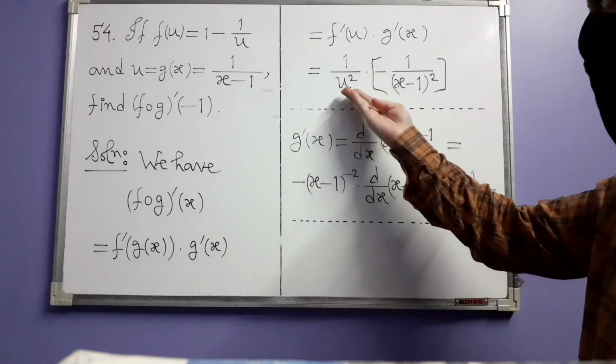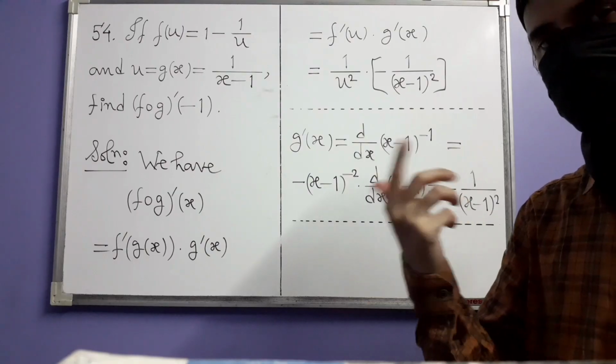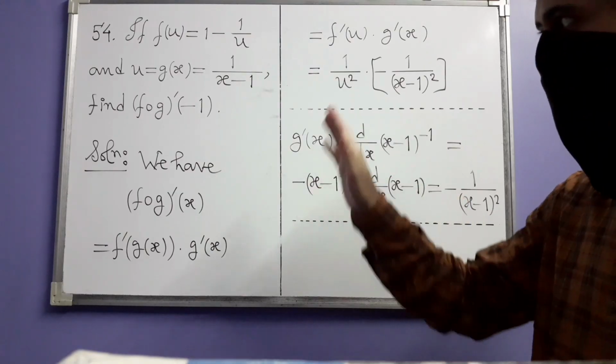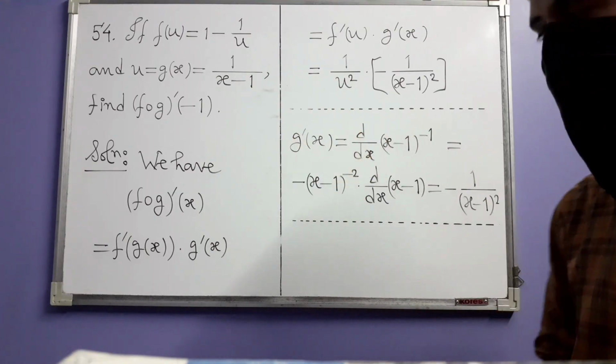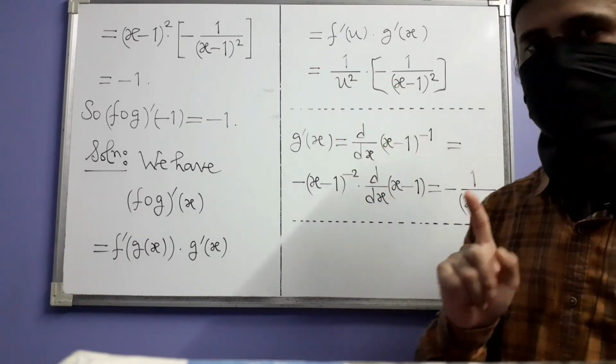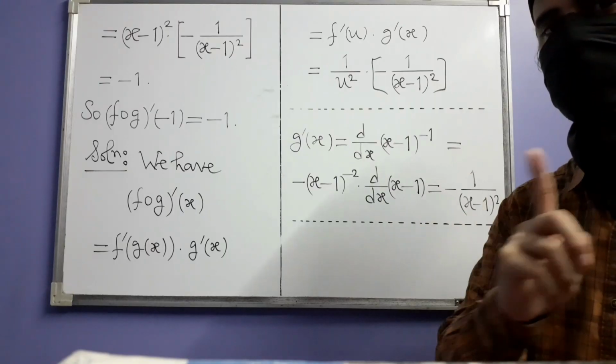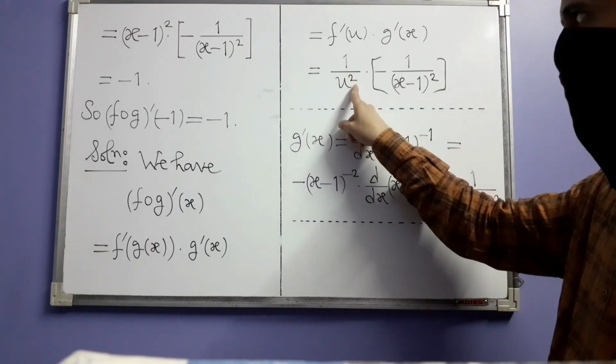And now of course we will write what u is, that is this thing, and then only we can evaluate the derivative at x equal to minus 1. Because u itself is 1 divided by x minus 1, so 1 divided by u would be x minus 1, but we have square of that.